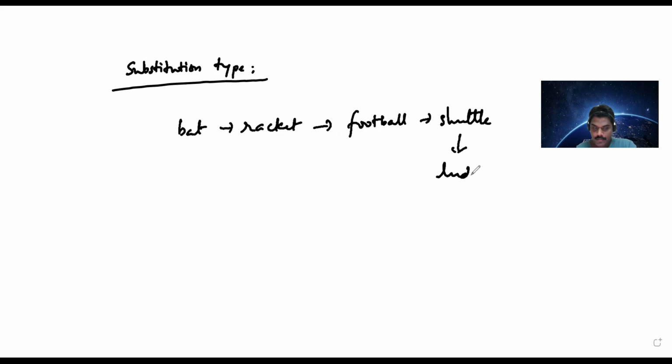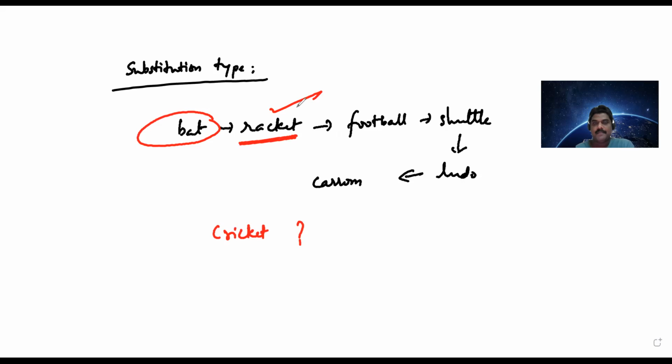Shuttle is called Ludo, and Ludo is referred to as carom. Now the question is, with which of the items will you play cricket? So cricket is played with which item? So generally cricket is played with a bat, but here the bat is referred to as racket. So my answer would be racket, right?